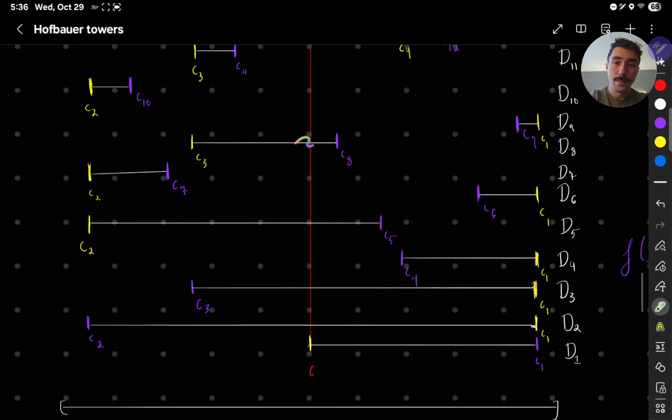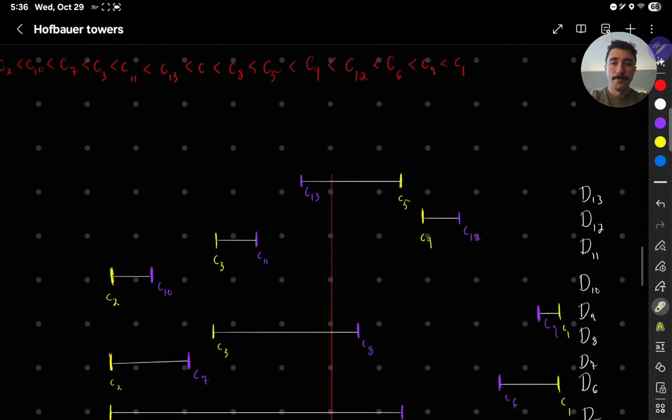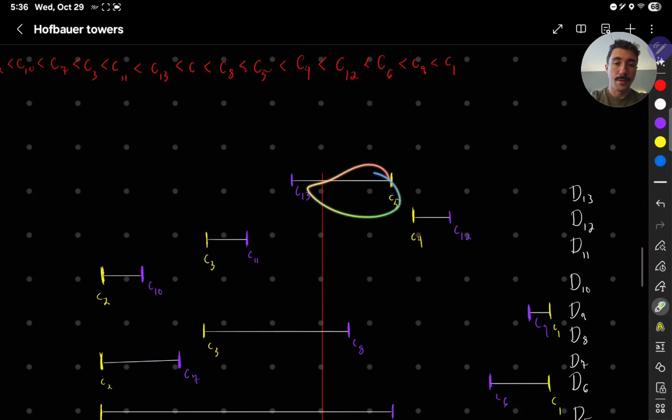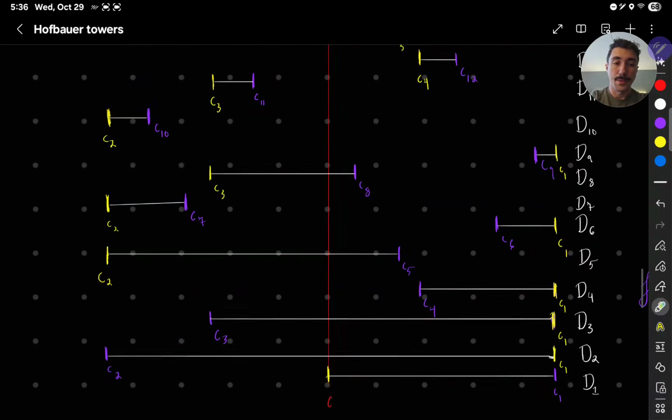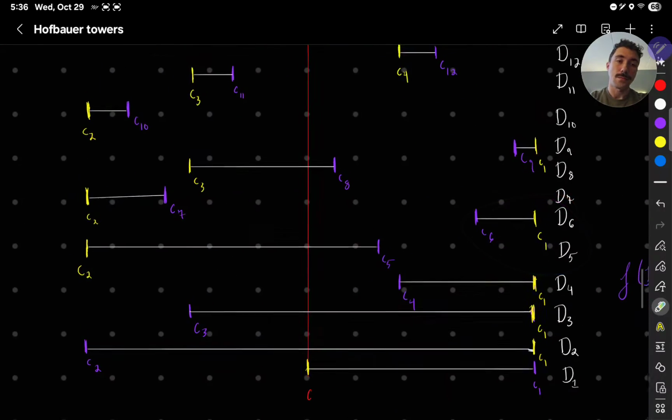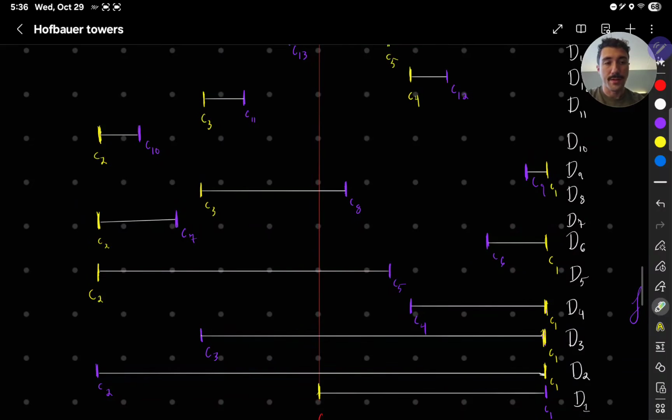And up here, it has C3 at the endpoint, so it should go to D4, right? Well, it's C3 to C, so it should go to C4 to C1, and it does. That's D4. Up here, the old part is C to C5, so that should go to C6 to C1, which would be D6. So it behaves nicely.